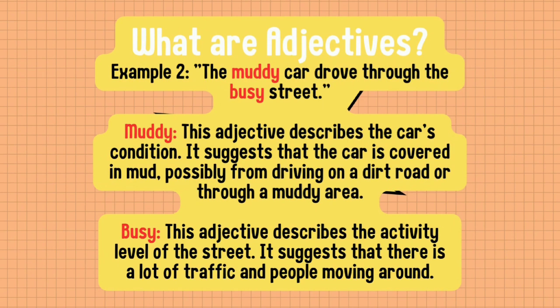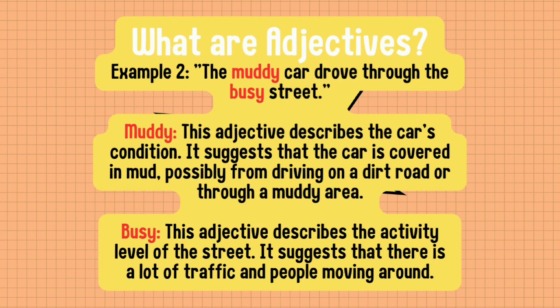Let's take another example. The muddy car drove through the busy street. In this sentence, the adjectives are muddy and busy. Why are muddy and busy the adjectives in this sentence? Because muddy describes the car's condition.